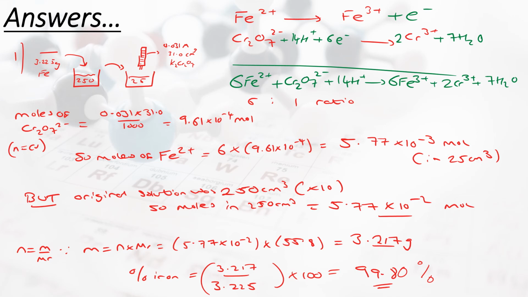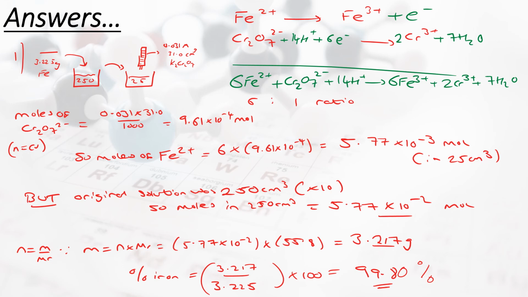The dichromate one is a bit more difficult. We have Cr2O7 2-, the dichromate, chromium 6+, being reduced to chromium 3+. The first thing to remember from that list was to always make sure that our metal atoms balance. So the first thing to notice here is that we have 2 chromiums on the left and only 1 on the right, and so we have to put 2 Cr3+ on the right hand side.